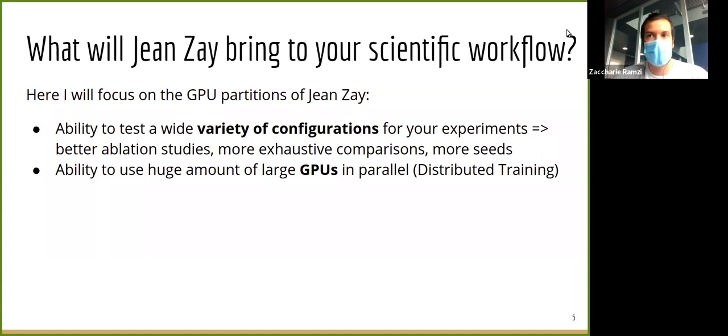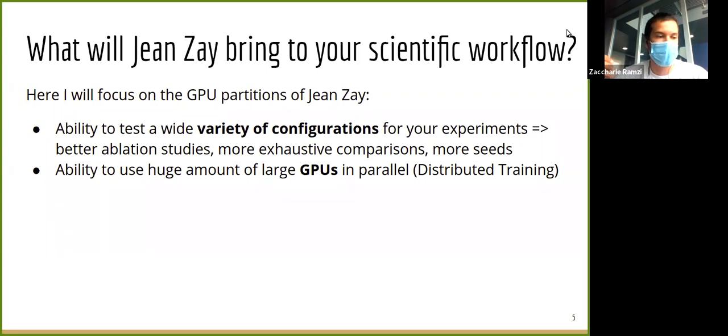A quick note on that specific point: I know that Hugging Face, the France-based startup, is trying to replicate most of the large language models, and it's doing so by using Jean Zay as a computing resource for this research effort.